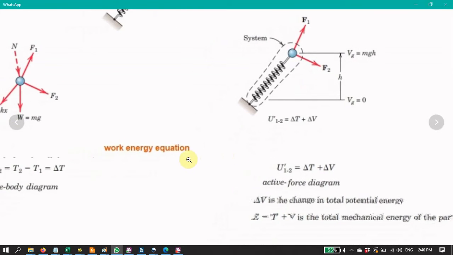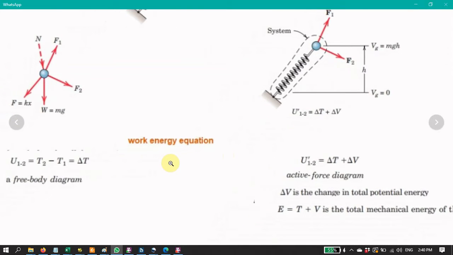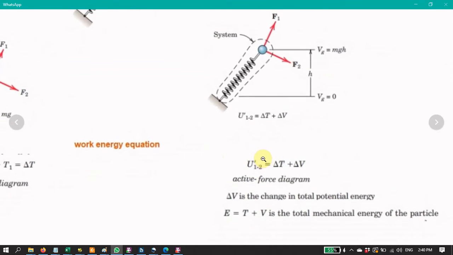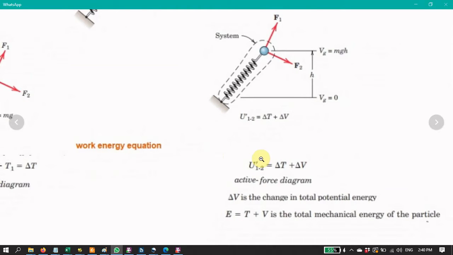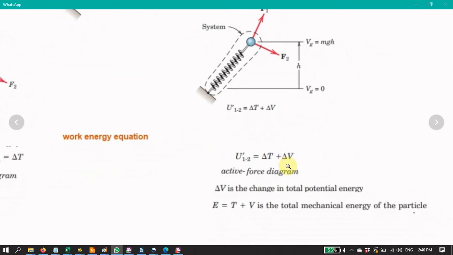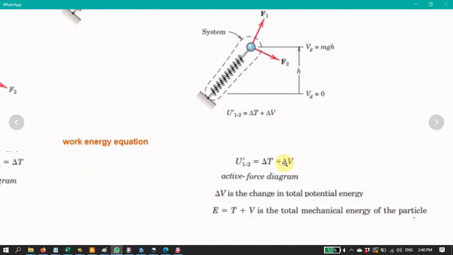We say that the net work is actually the change of kinetic energy plus the change of potential energy.